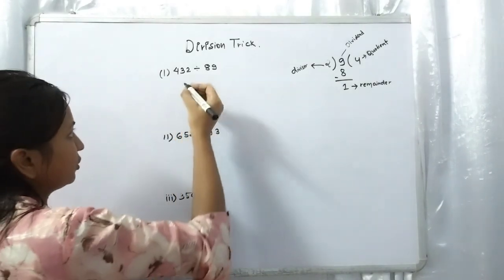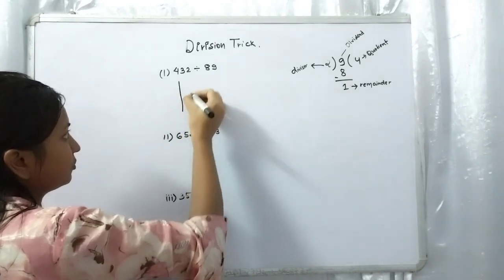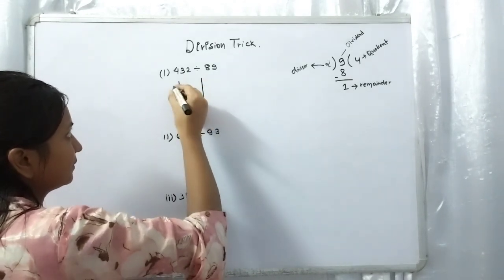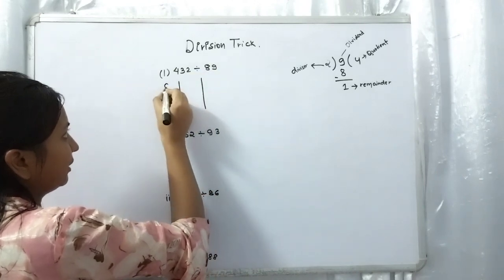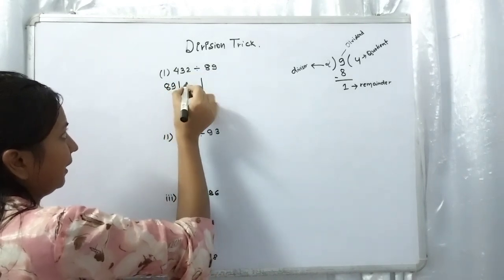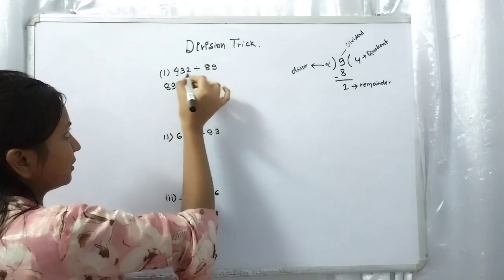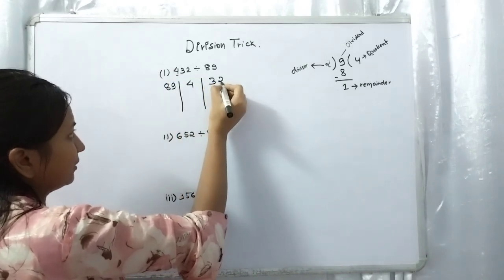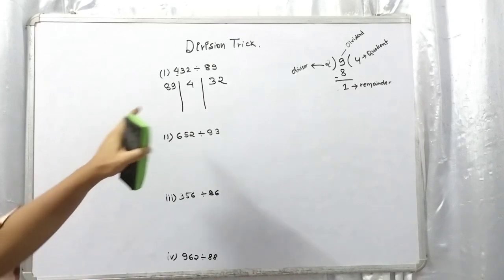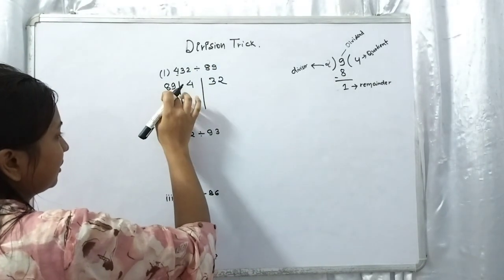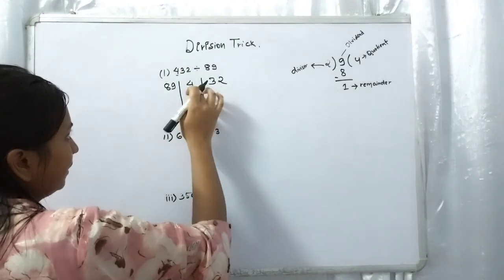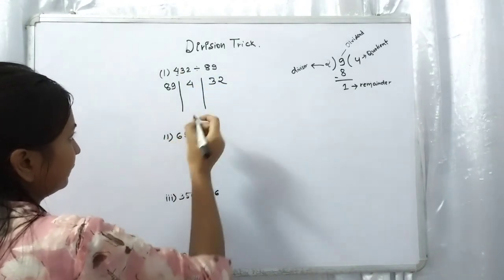Firstly, what you need to do is make one box. Here you will write 89, here you will write 4, and 32 you will write here. This is one of the steps you need to follow. 89 should be written here, 4 will be written here, and 32. Fine.